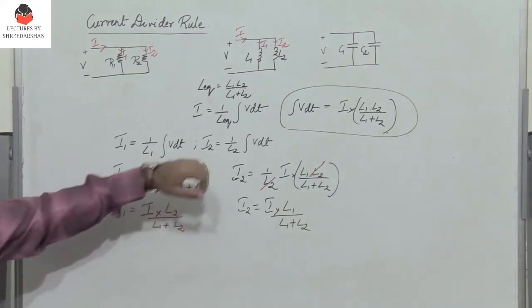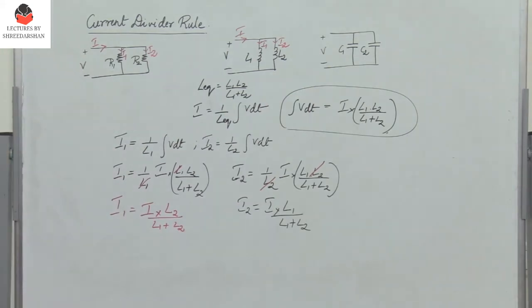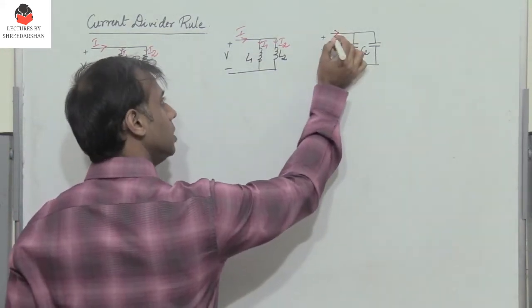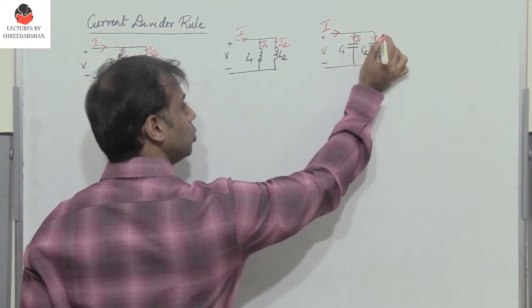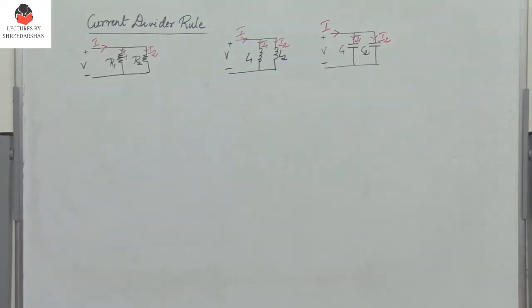So now let's see what happens when two capacitors are connected in parallel. Again, these two capacitors are connected in parallel. Let's assume that this is current I, and I have I1 flowing through C1 and I2 flowing through the capacitor C2. Now what about the equivalent capacitance?